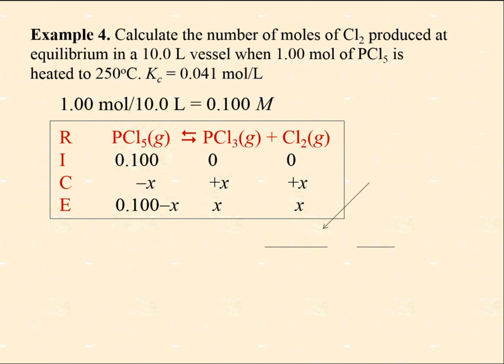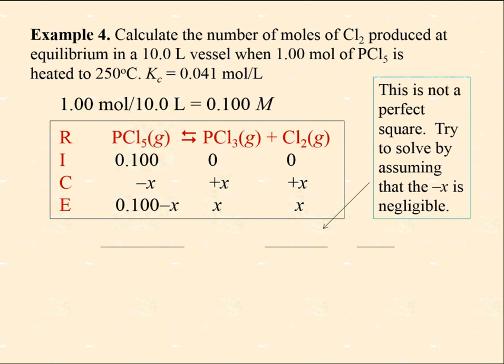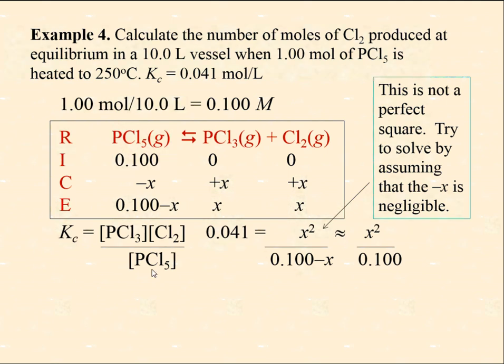So, when we plug our equilibrium values into our equilibrium expression, which here's our equilibrium equation here, and here is our Kc, 0.041, we would come up with this. And when I mentioned the negligible X earlier, this is the X I'm speaking of.